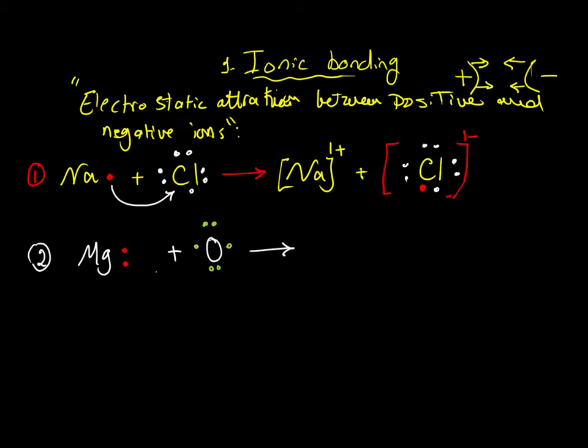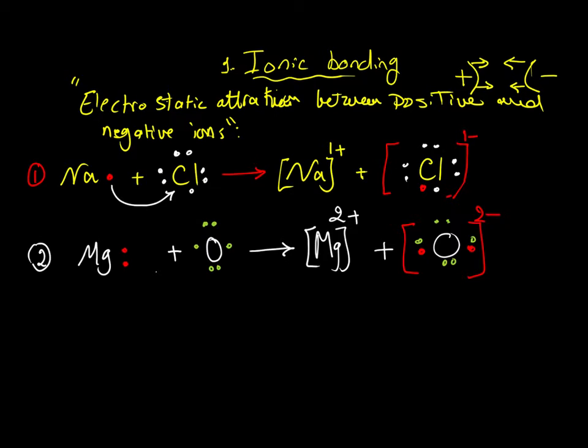For magnesium to be stable, because it's a metal, it will lose 2 electrons, and form a positive ion. Oxygen, it has 6 electrons. It will gain the 2 electrons that are lost from magnesium to make an ion with 2 minus charge.